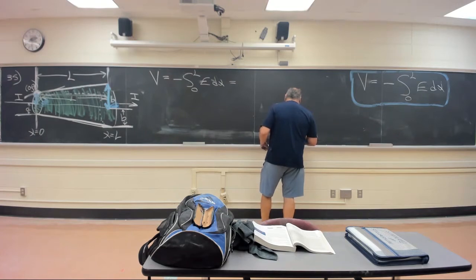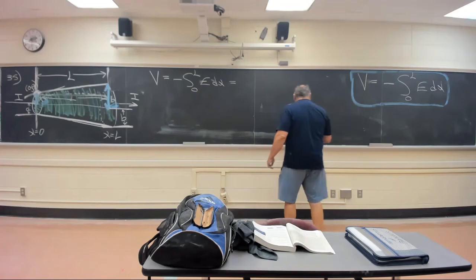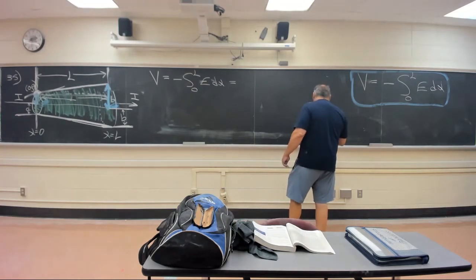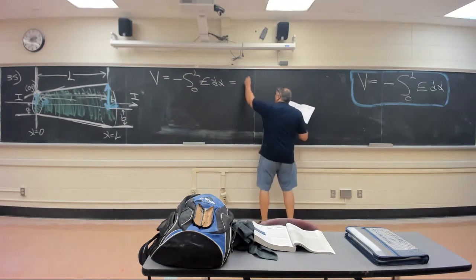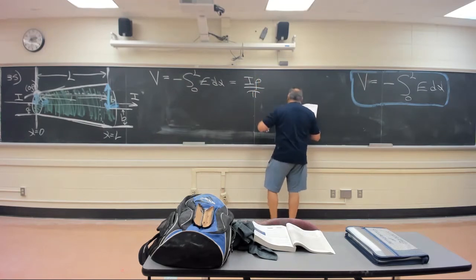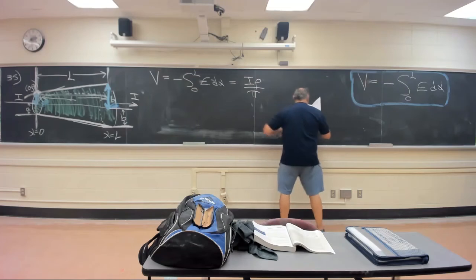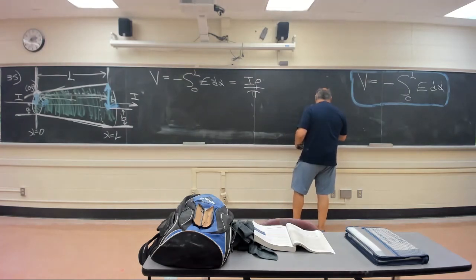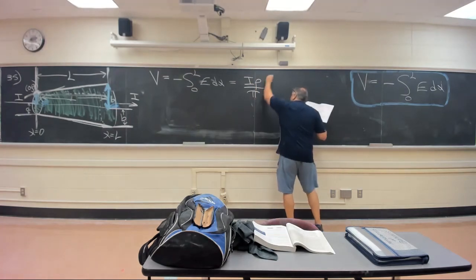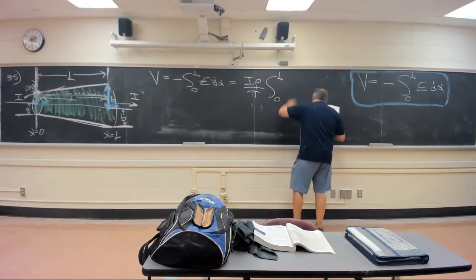We said I rho over pi r squared is the E vector, or the magnitude of the E vector. I rho over pi r squared on the bottom, these are constants, so I could take them out of there.